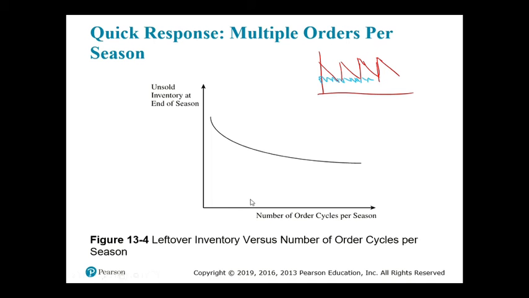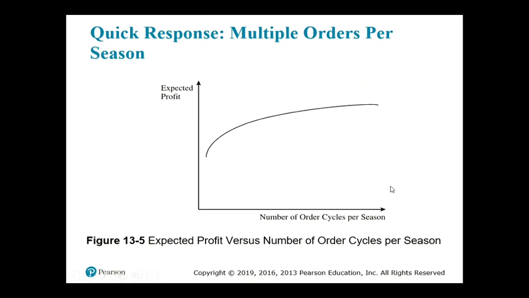So you can see that as we increase the number of orders, the unsold inventory will decrease, whereas the expected profit will increase.